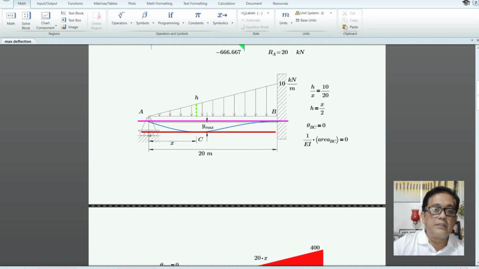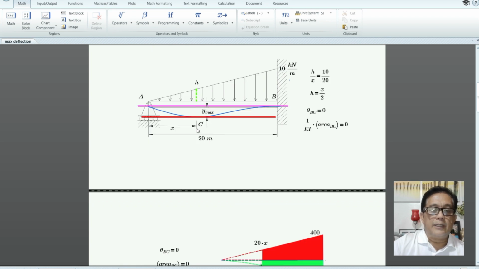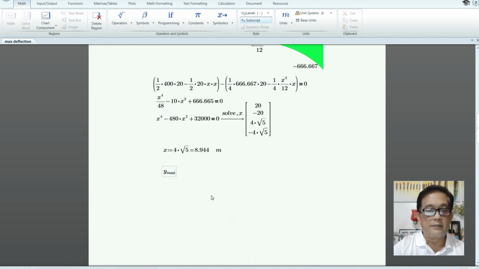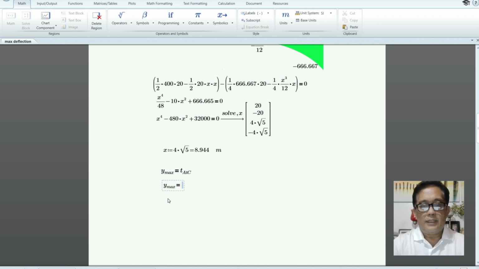So that deviation is called the deviation at A tangent drawn to C, which is at the same time equal to the maximum deflection.